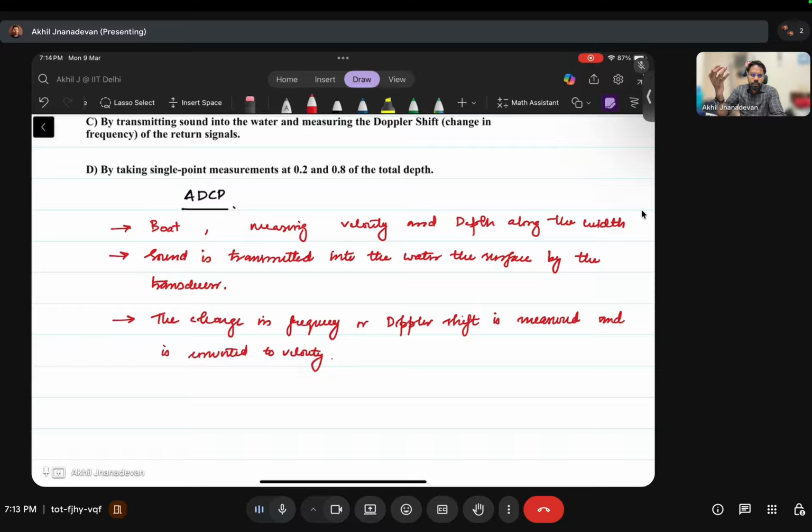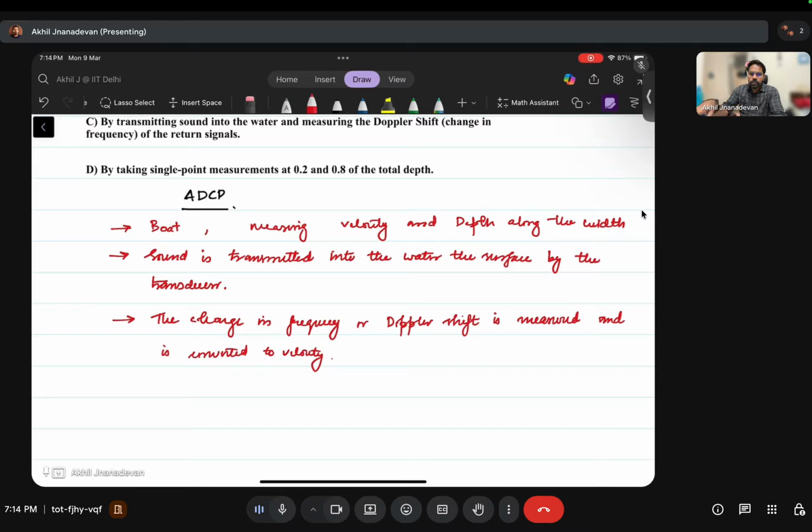While moving, that will be continuously emitted, and these signals will strike the bottom of the bed, come back and be received by the transducer, and it will measure the change in frequency, which is called the Doppler shift. They are programmed to convert these Doppler shifts into water velocity.